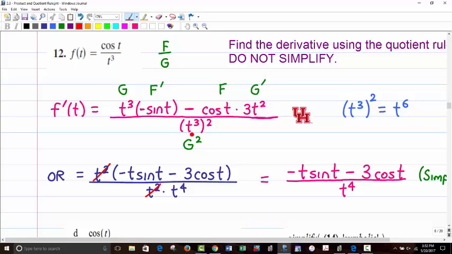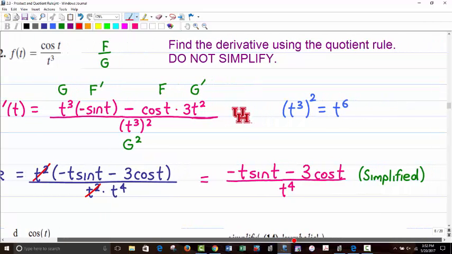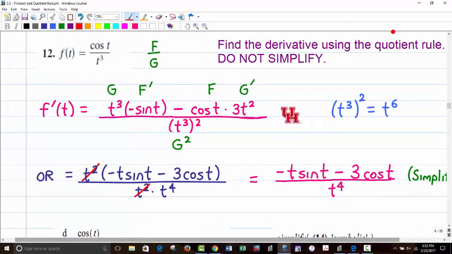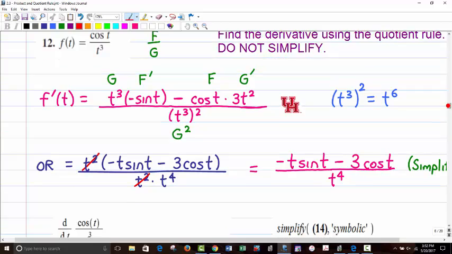That's the key. You can't cancel like this, but notice they both have a t squared that can come out of there, and then you have a t squared you can factor out of the bottom. I just wanted to show you that in case we needed to do that. But the basic derivative itself was not difficult following the quotient rule.